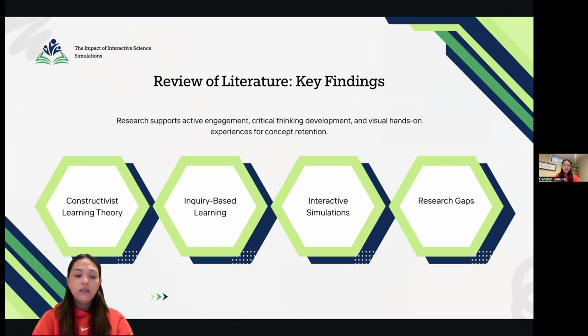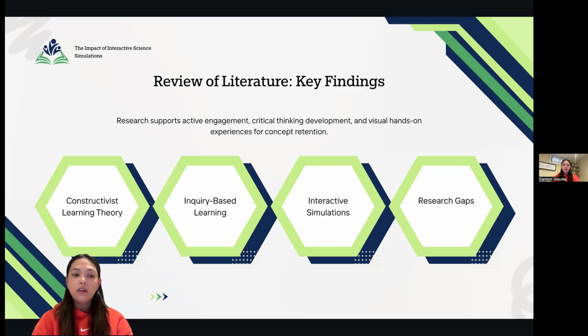The literature consistently supports the use of simulations in science education when they are paired with teacher guidance and inquiry-based learning. Research shows simulations improve conceptual understanding by helping students visualize abstract scientific processes and explore cause and effect relationships.